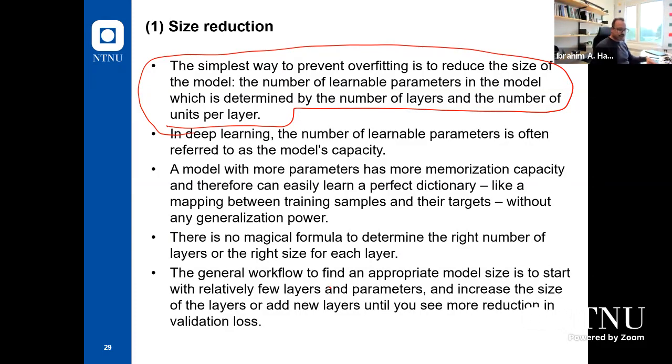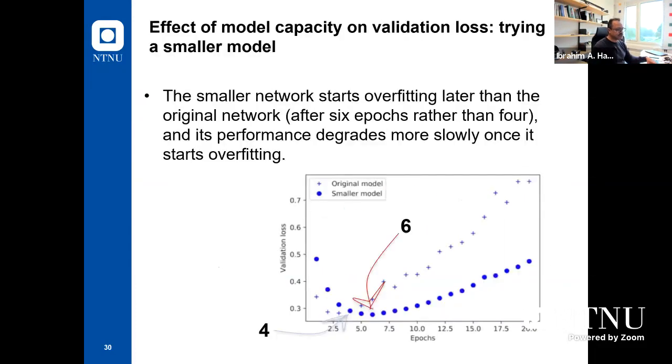The general workflow to find the appropriate model size is to start with relatively few layers and parameters, and increase the size of the layers or add new layers until you see diminishing returns in validation loss. So start with a simple one, then increase the number of hidden layers and units in each hidden layer until you have good performance.